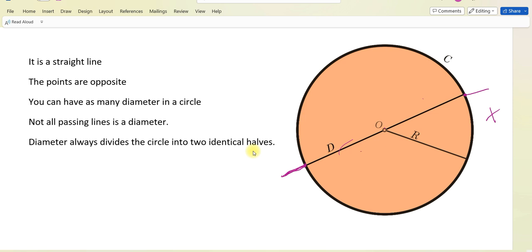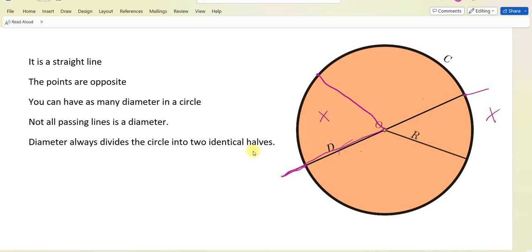One more important point: say I have this point, and I take one more point here. There is one line drawn to the center of the circle, and from here I join to this line. This is not considered to be a diameter. Why? Because it always has to be a straight line.